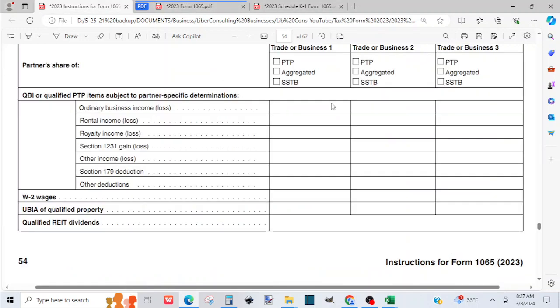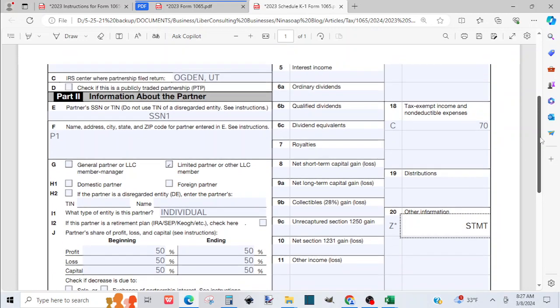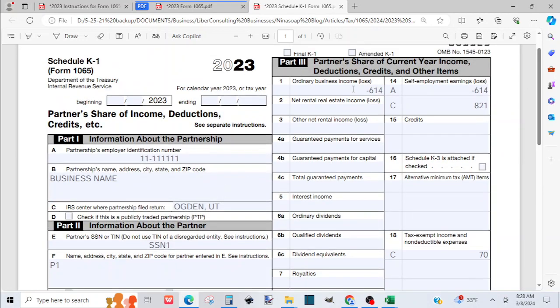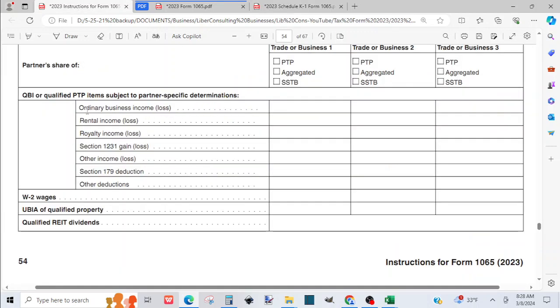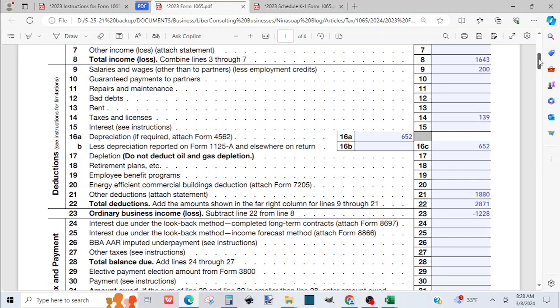When you take that for the partner, that will be half of that, so that's negative 614. So for the partner, that will be that negative 614, and then the W2. But you see there are other things that they are asking about as well. The W2 is 200. Therefore, the partner will be 100.